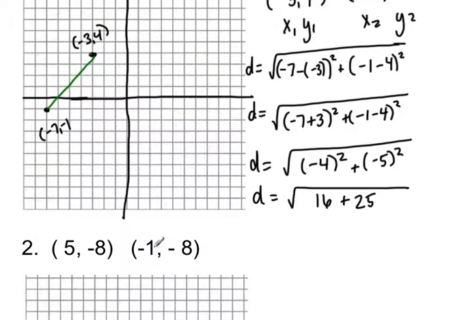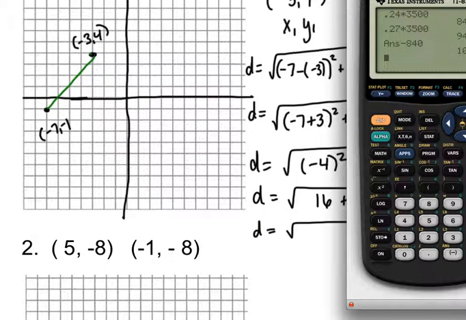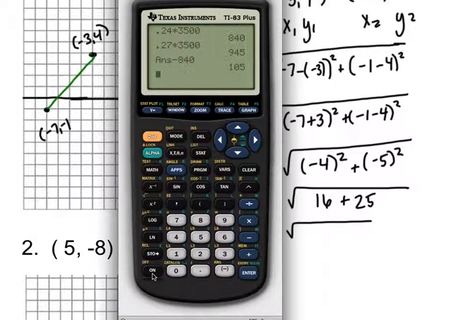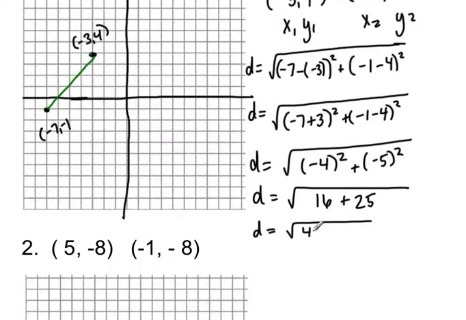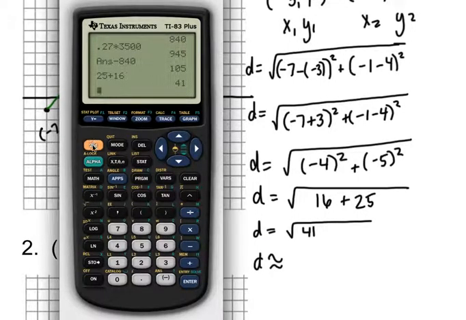Okay? So right here, you're going to have the distance equals the square root, and then we do 25 plus 16. I'm going to do that in the calculator here and show you how I use the answers there. So I get 41. So the exact distance is the square root of 41. A lot of times it will say approximate distance, and you have to take the square root of 41 to get approximately.